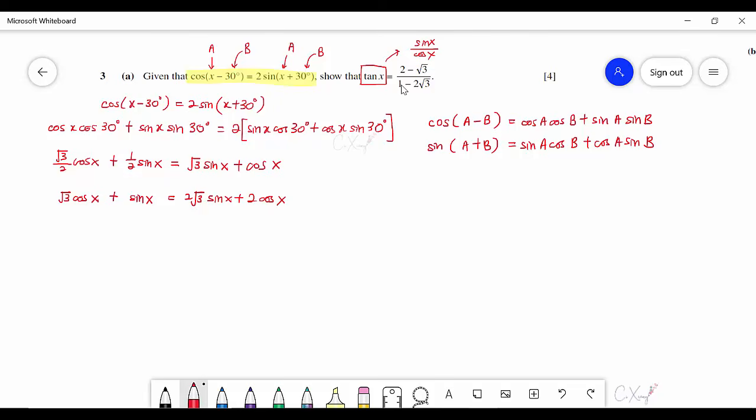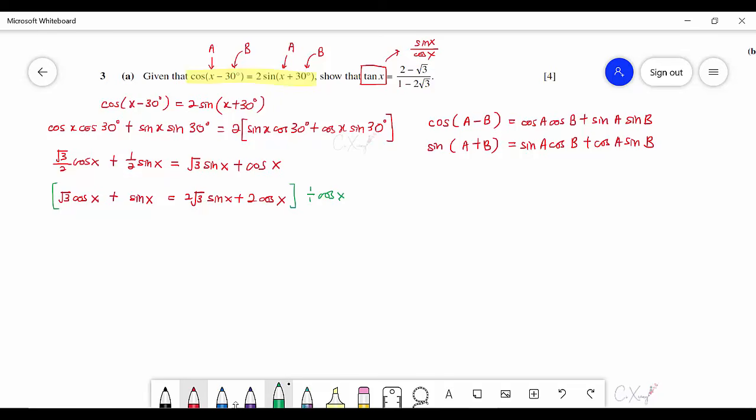Then the next step is maybe for the whole equation, I will want to divide them by cos x. Or some students will say that I want to group all the sine x one side, all the cos x to the other side, then only I make it become tangent, that also can.